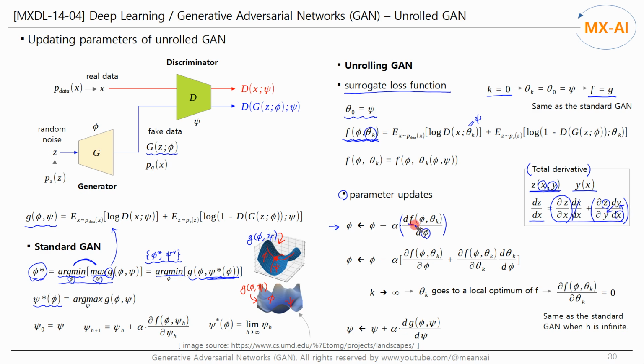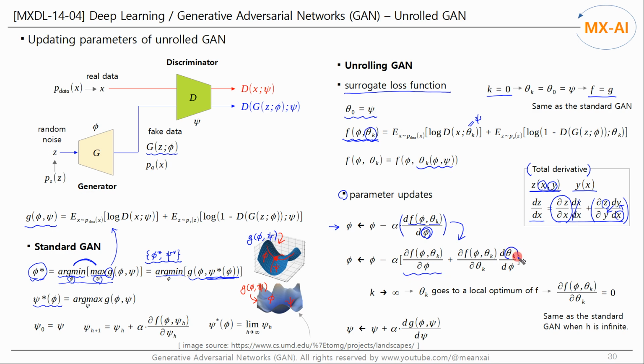In our case, f is a function of phi and theta k, and theta k is a function of phi. Therefore, the total derivative of f with respect to phi can be written as follows. Standard GAN training corresponds exactly to updating the generator parameters using only the first term in this gradient.